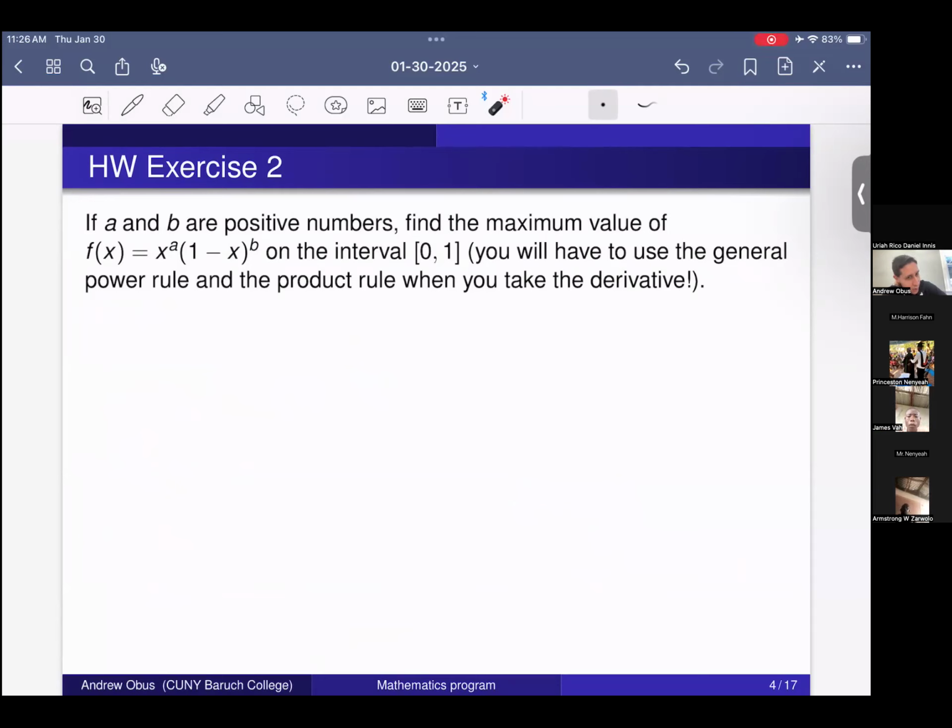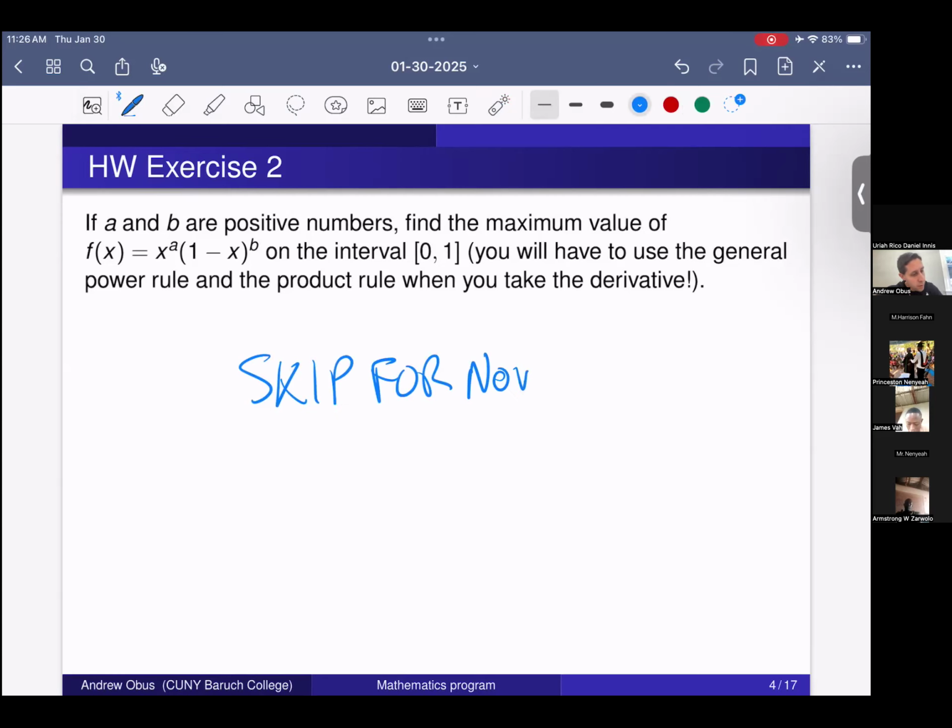this exercise was maybe not good to assign yet, because this actually relies on the chain rule. So maybe it's better to come back to this one after we do the chain rule next week. So let's skip this for now, as this really requires the chain rule, which we haven't taught yet, and I will be teaching it next week.